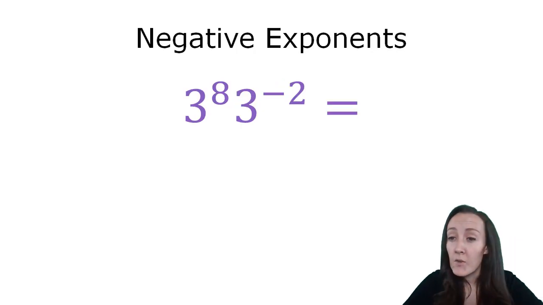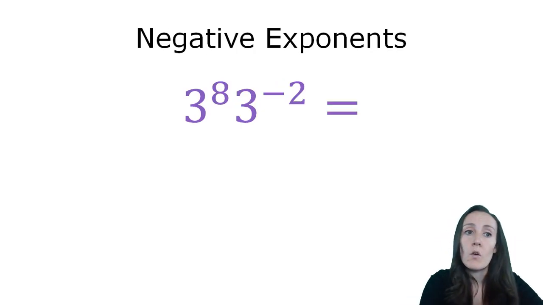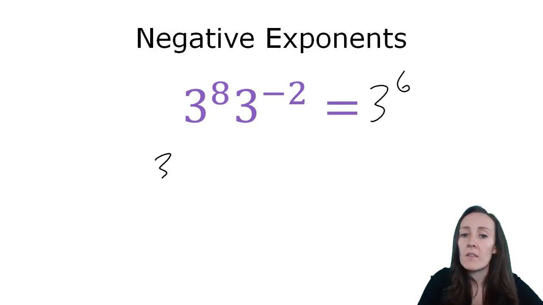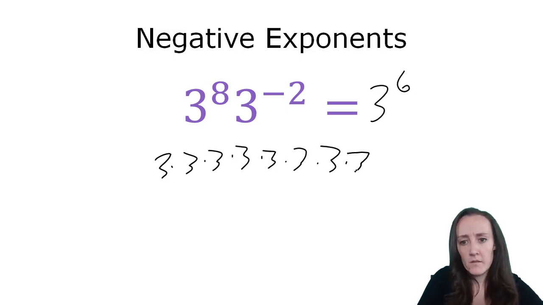You can also do this if you have negative exponents. So if you had 3 to the 8th times 3 to the negative 2, you could say that that was 3 to the 6th, because 3 to the 8th is basically 3 times itself 8 times, which takes a long time to write.